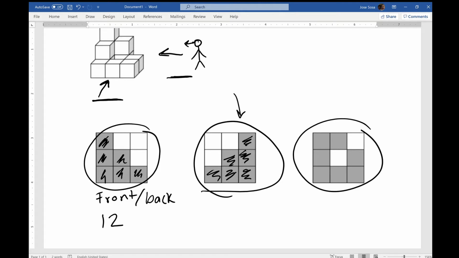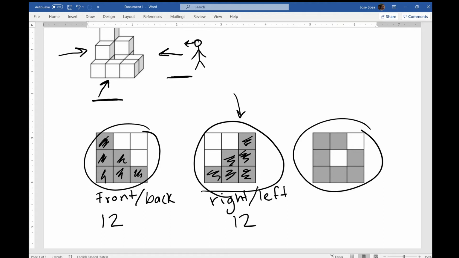And again, this is the right side, but then I have to also remember that there's a left side, which is exactly the same as the right. Therefore, not only do I have 6, I have 6 times 2, or 6 plus 6, which is 12.